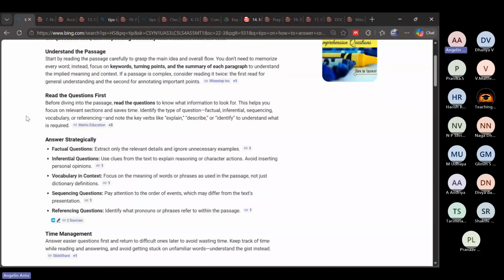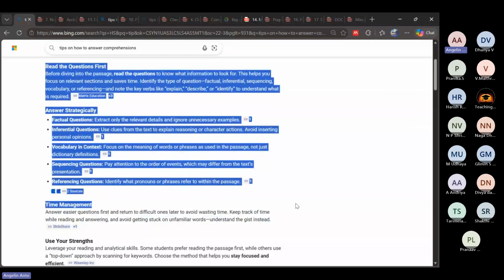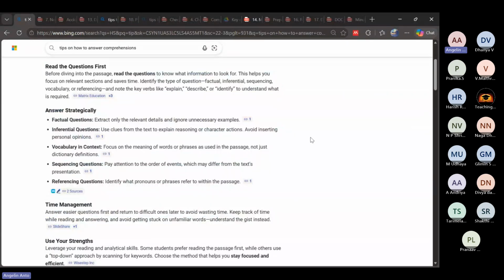As for questions, we should answer strategically. First, the factual questions, anything which you just need to copy paste. So if you see any percentage or a particular name, one fancy name, just look for that particular keyword in your main paragraph and answer it. And then vocabulary, you'll be asked to answer stuff like synonyms or antonyms.